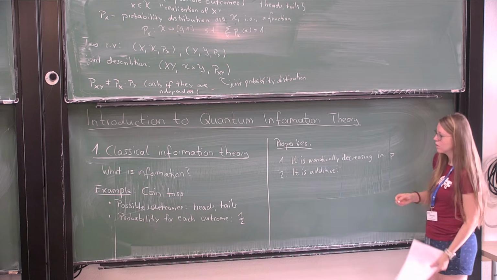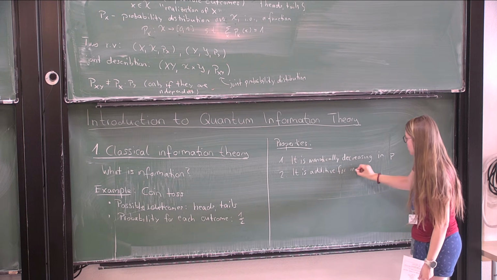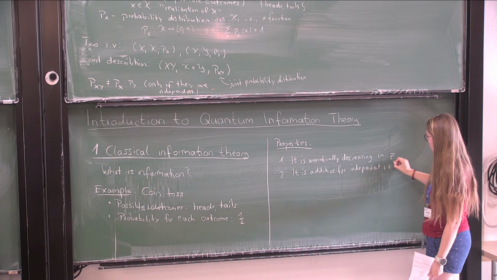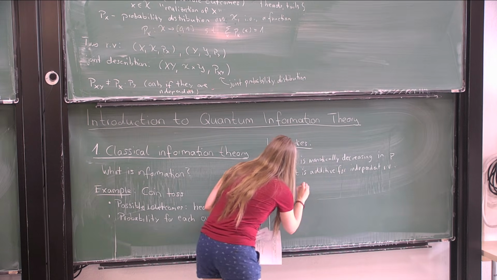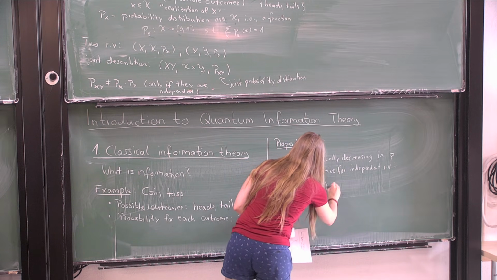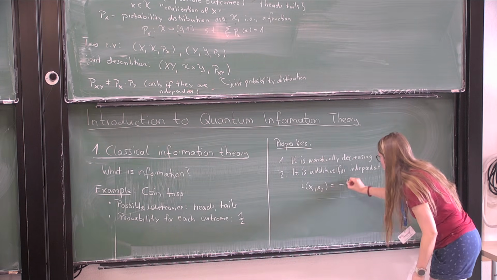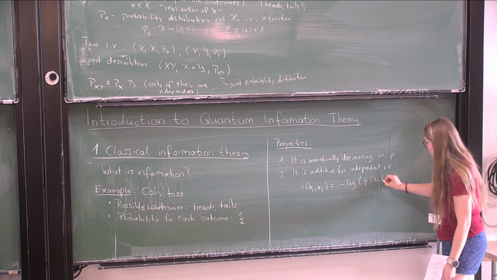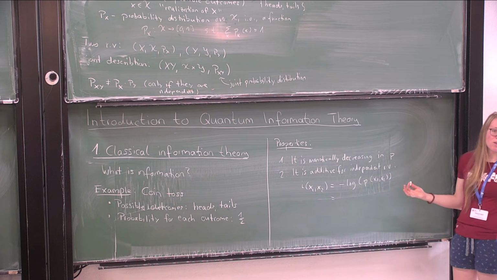Using the logarithm, you can see for independent variables, you take the information content of two realizations, x1 and x2, and you take the joint probability distribution. It's simply the properties of the logarithm that are used.